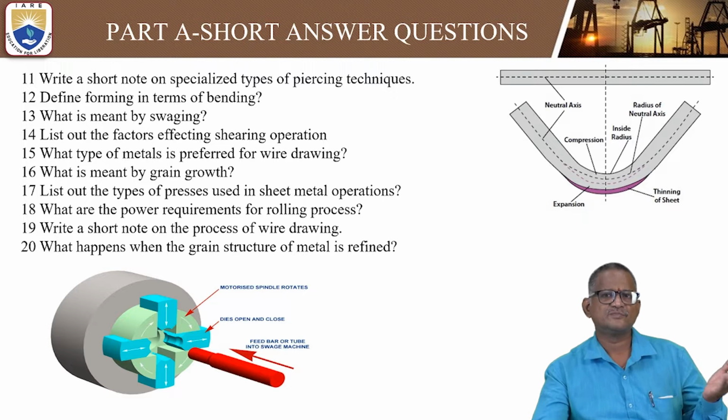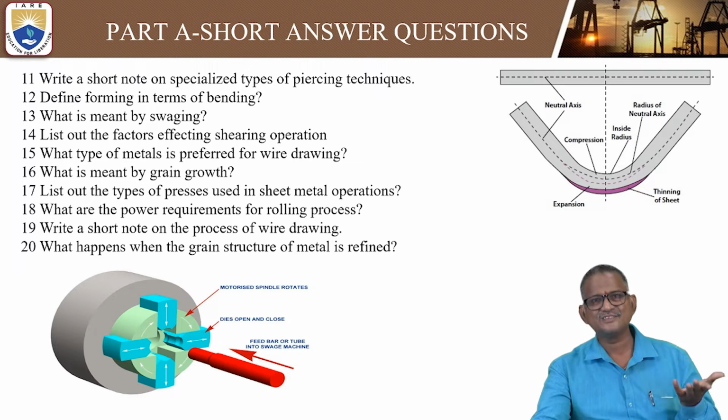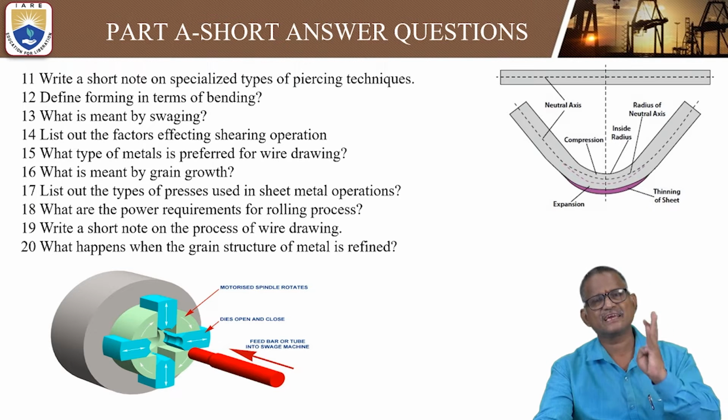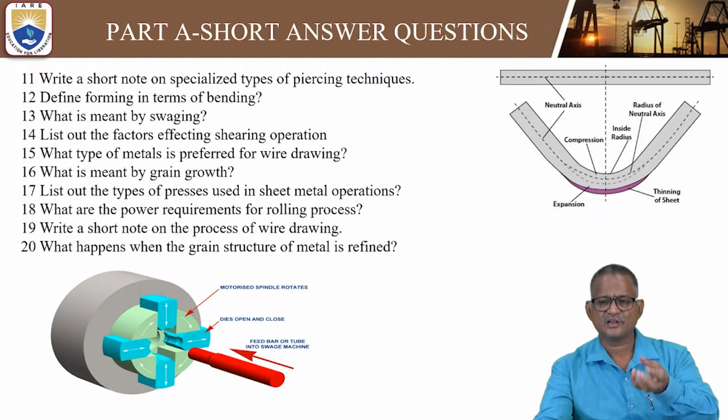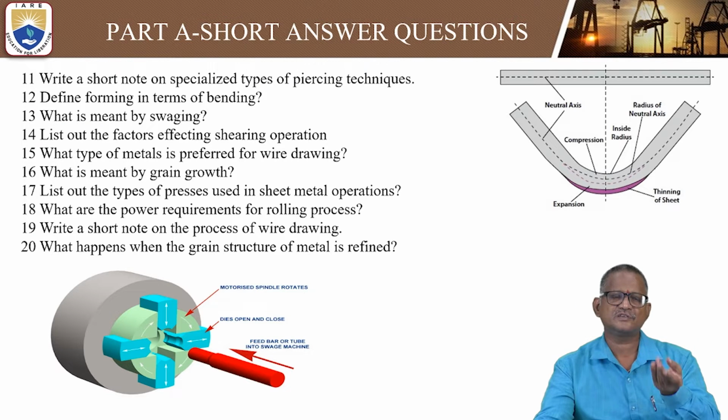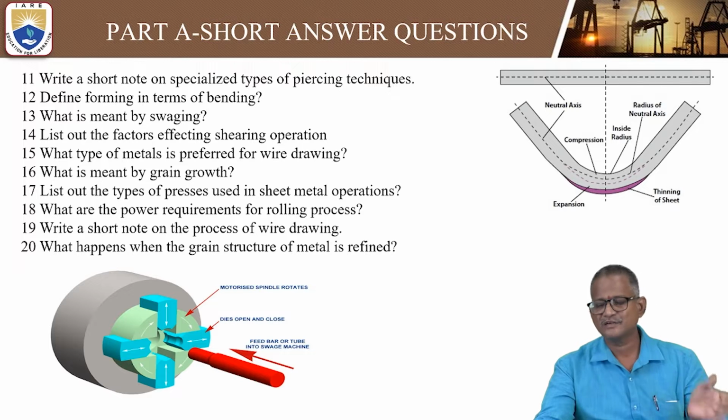And list out some types of presses. This applies to any sheet metal process. The first and foremost are mechanical presses, working with gears and rods, etc. Then the pneumatic press, with the help of air pressure. And the hydraulic press, with the help of fluid, either water or liquid. Then the screw press.